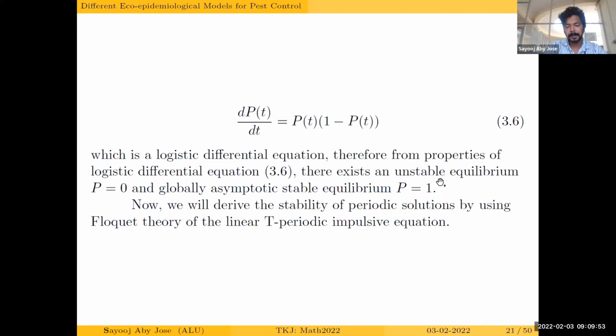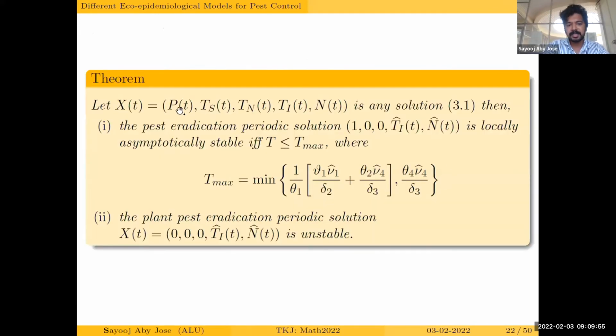I'm not going through the proof of this, but we can see that the plant-eradication periodic solution (0, 0, 0, Ti, n cap) is unstable, and (1, 0, 0) is considered at stability 0 and 1. It is stable only if T is less than or equal to T max.